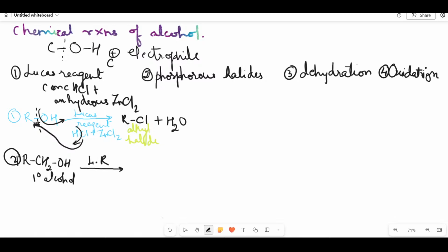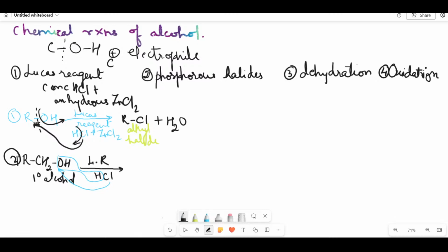So from HCl, the H will get attached over here. OH will be removed in the form of water, and the chlorine will take its place.